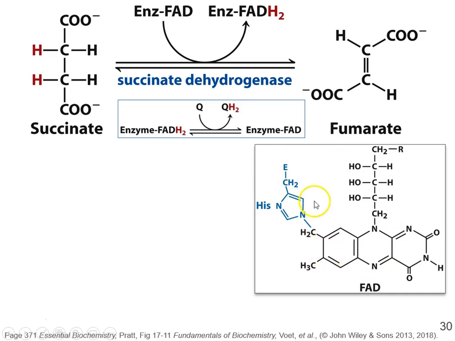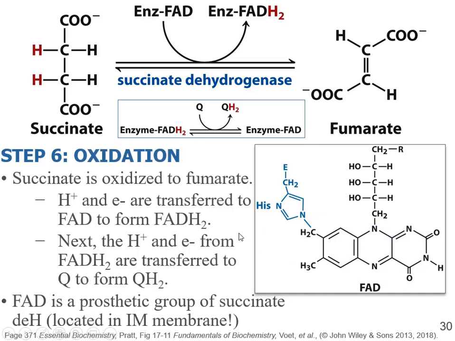So in this reaction, when succinate is converted to fumarate, the two protons and electrons on succinate are transferred to FAD to form FADH2. Those protons and electrons will be transferred to this ring form right here. So succinate is oxidized to fumarate, and the protons and electrons are transferred to FAD to form FADH2.